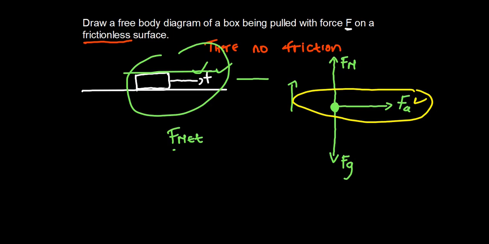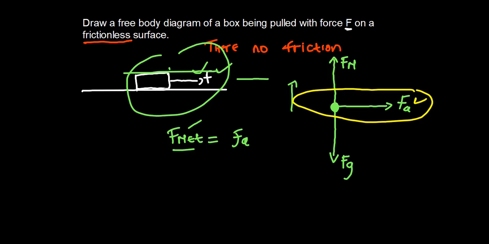So when we calculate our net force, we're going to say our net force is equal to the applied force only. Remember, the net force means all the forces that are acting on the object.